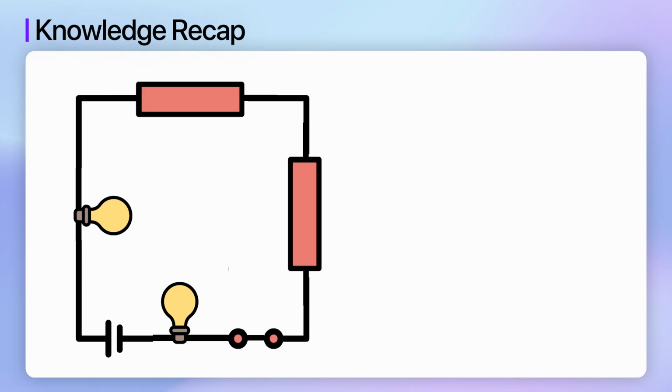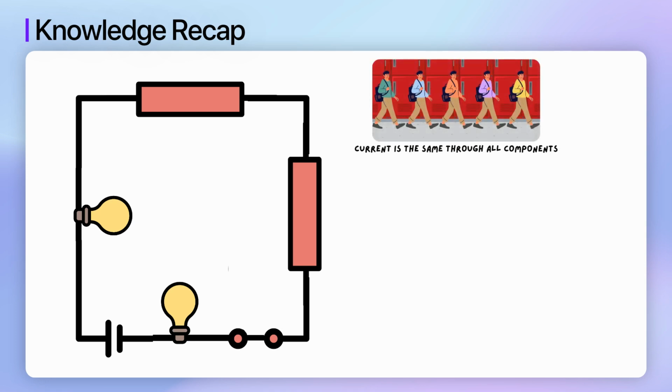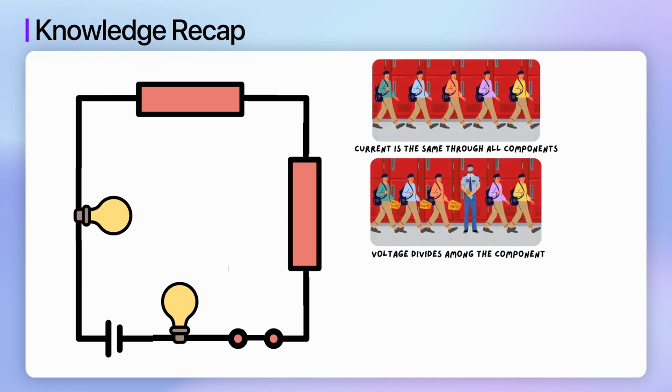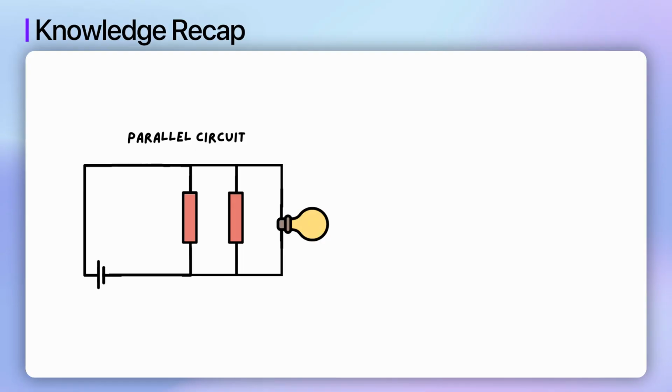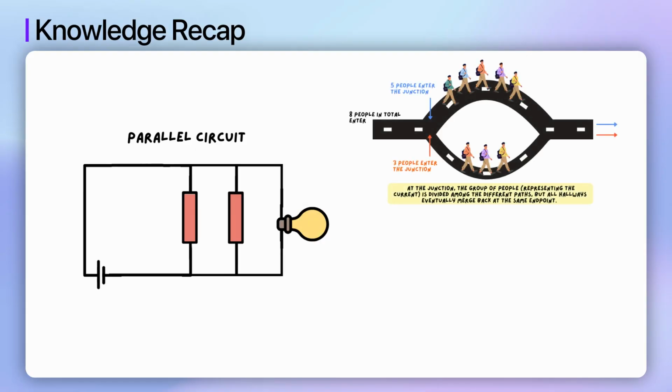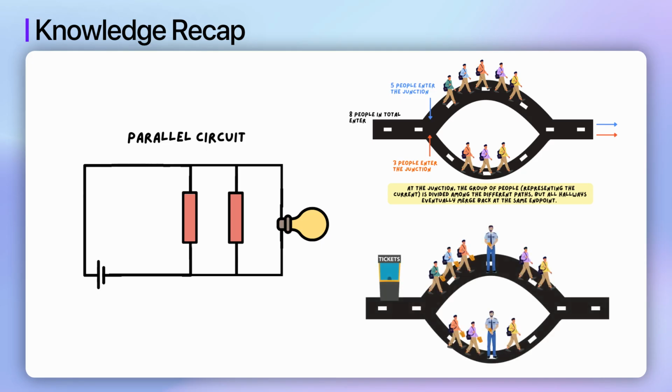You've learned that in a series circuit, the current is the same through all components, the voltage divides among the components, and the total resistance is the sum of individual resistances. You've also learned that in a parallel circuit, the current splits at junctions, and that the voltage across each branch remains the same. Additionally, we explored how adding more branches to a parallel circuit decreases the overall resistance, providing more pathways for the current to flow.